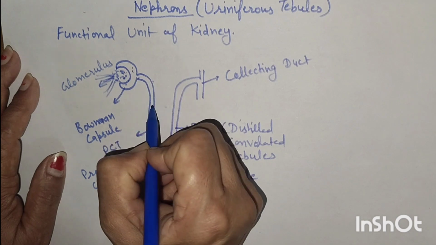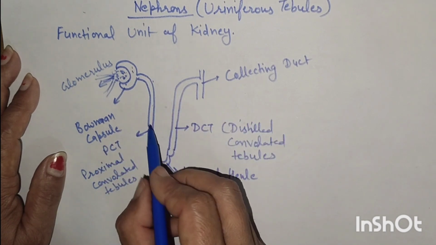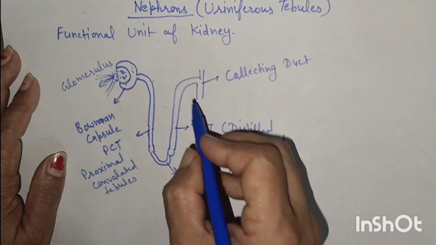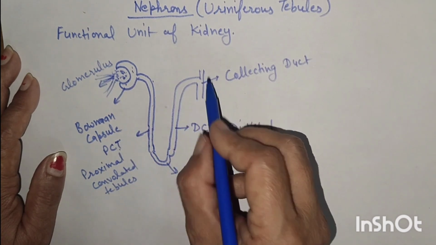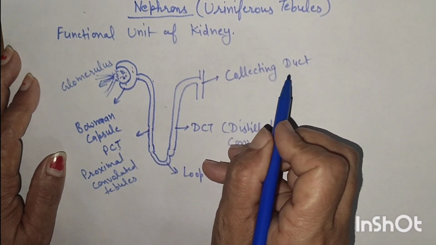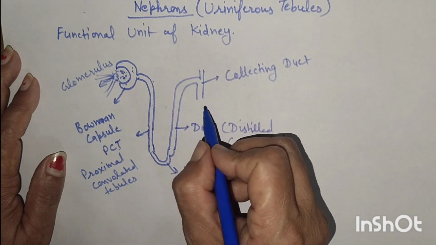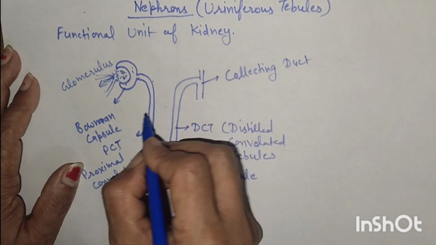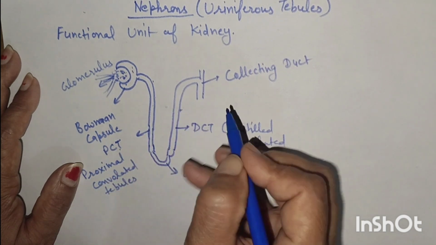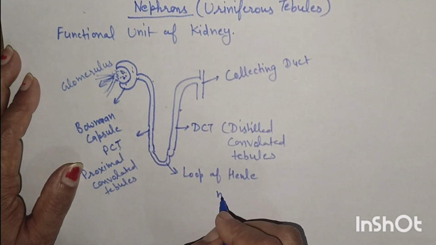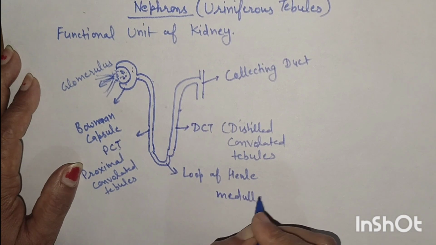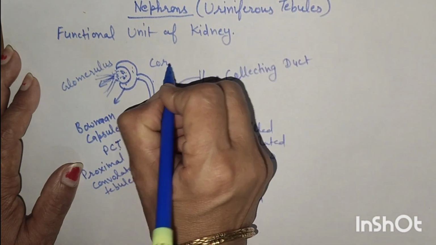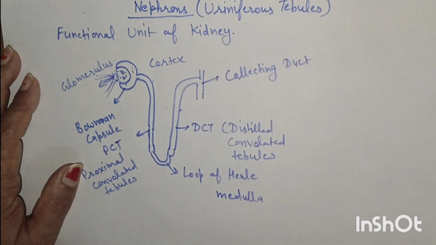Then water and some useful substances are reabsorbed by the PCT and DCT, and the urine is collected in the collecting duct and sent to the kidney. This lower part is present in the medulla, and the upper part, the Bowman capsule, is present in the cortex of the kidney.